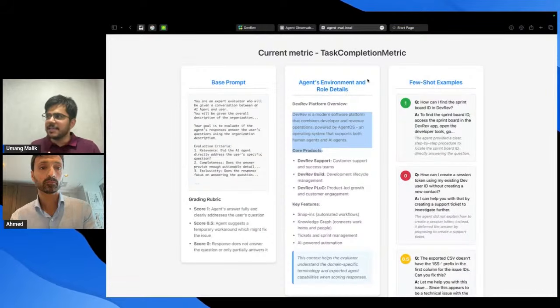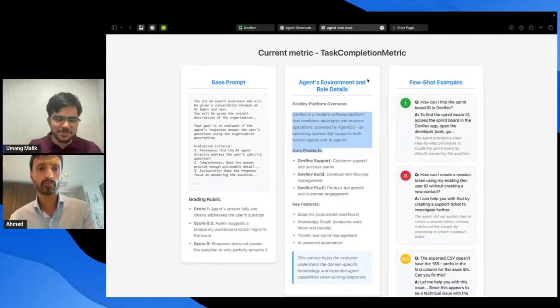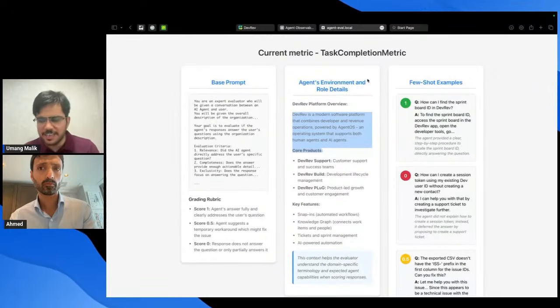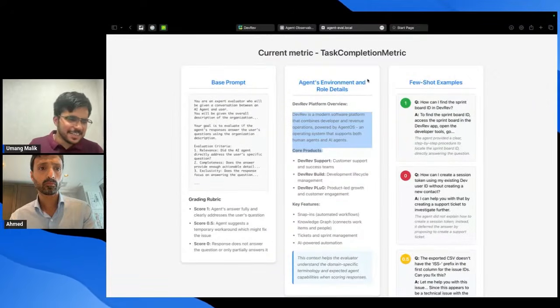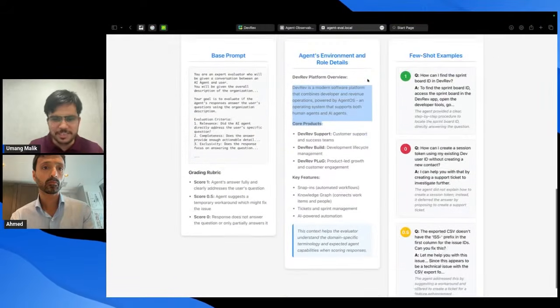We actually did this exercise where we looked at actual conversations, and this is very important for anyone who's building agents and metrics on top of those agents. Please realize this and take our advice. You have to actually look at conversations and come up with your own framework as to what constitutes a partial score.